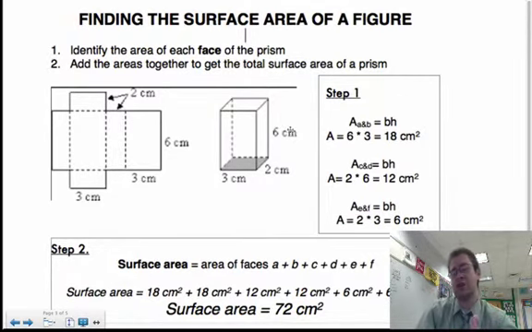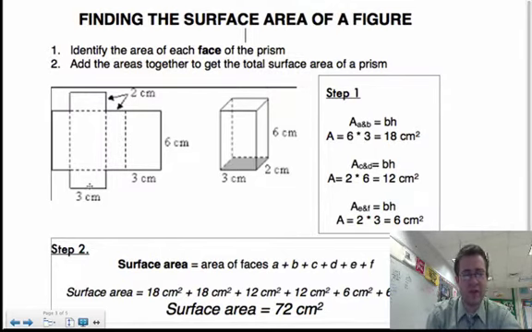Now what you'll notice in your notes, the orange sheet, is that you will have a 6x2, and then parallel to it on the other side, you also have a 6x2. And for the base, the 3x2, you also have the top as a 3x2. And then in the back, you'll have a 6x3. And then in the very front, you'll have a 6 centimeter height by a 3 centimeter base. What I'm saying is this.